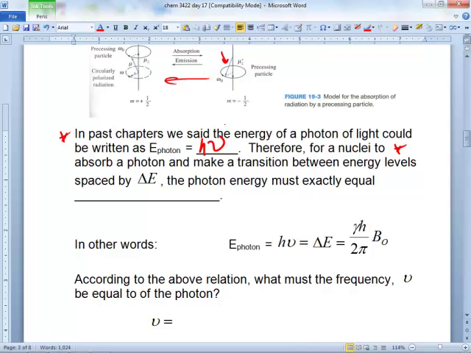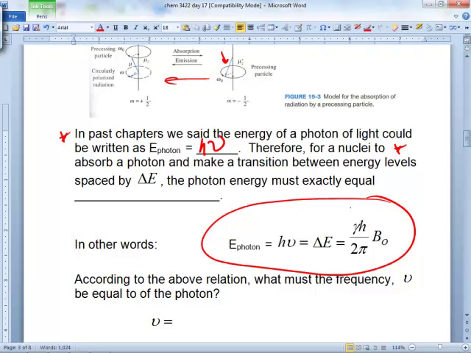What has to match? It's Planck's equation. They have to match, don't they? h nu. You could rewrite that whole equation and stick it up there if you want. So that photon energy and that delta E have to match.